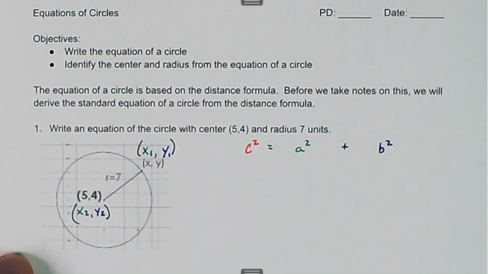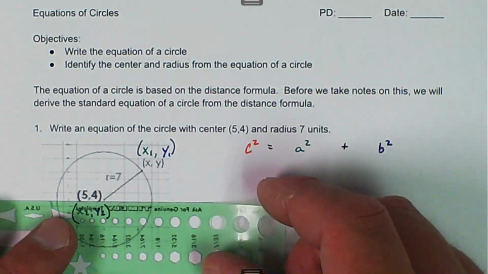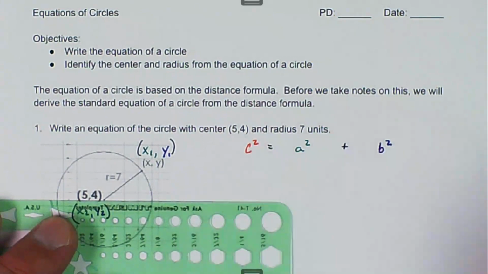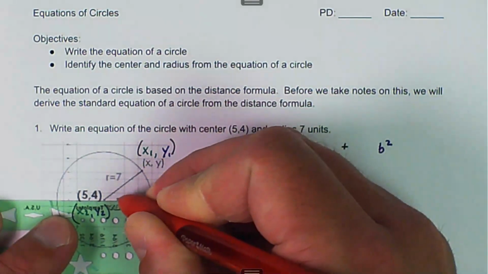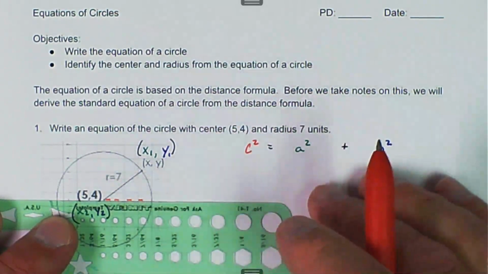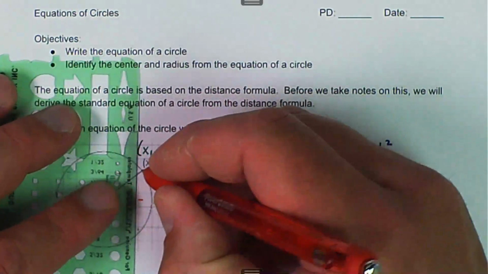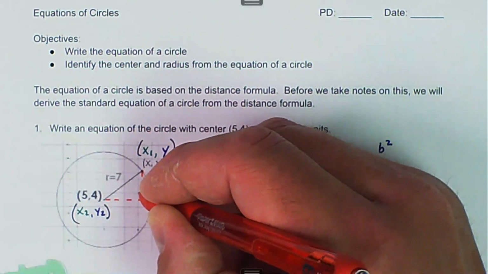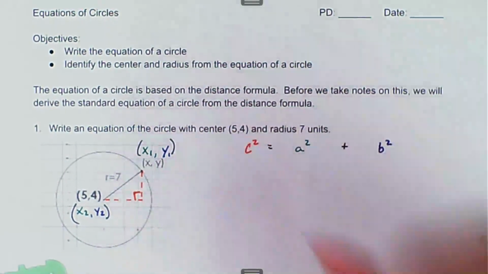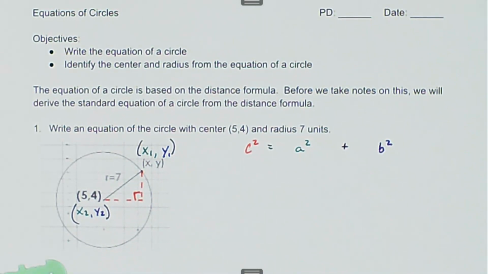And we can make this a right triangle by going horizontally in the x direction from the center, and then going straight down or vertically in the y direction.